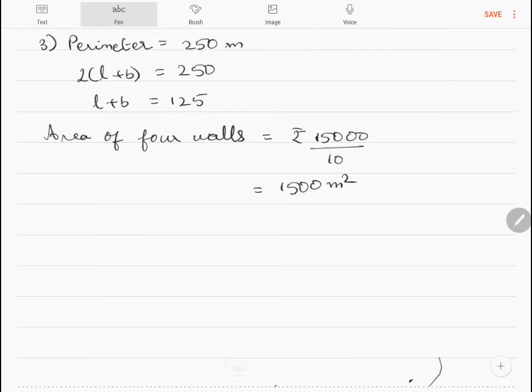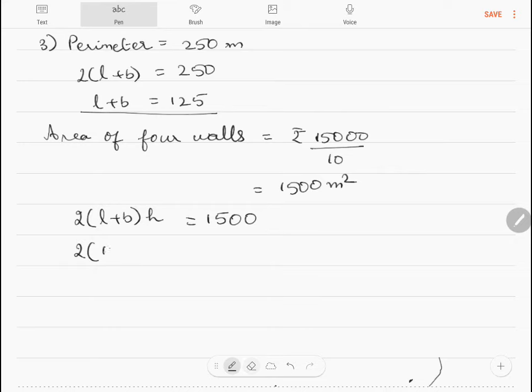Here, the LSA is the area of the 4 walls. So the LSA formula is 2 into (L plus B) into H, which is equated to the area of the 4 walls. Now 2 into (L plus B) we directly have as 125. So 125 into H will be equal to 1500.